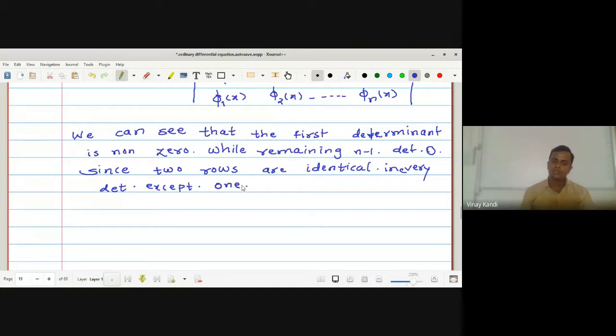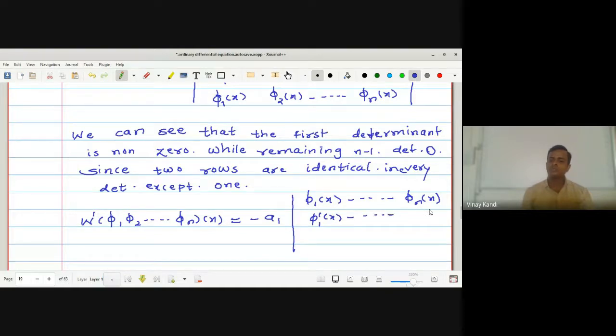Hence we get W dash of phi 1, phi 2, up to phi n of x, which is equal to minus a1 into the determinant with rows phi 1 of x up to phi n of x, then phi 1 dash of x up to phi n dash of x, and at last phi 1 raised to the n minus 1 derivative of x up to phi n raised to the n minus 1th derivative of x.